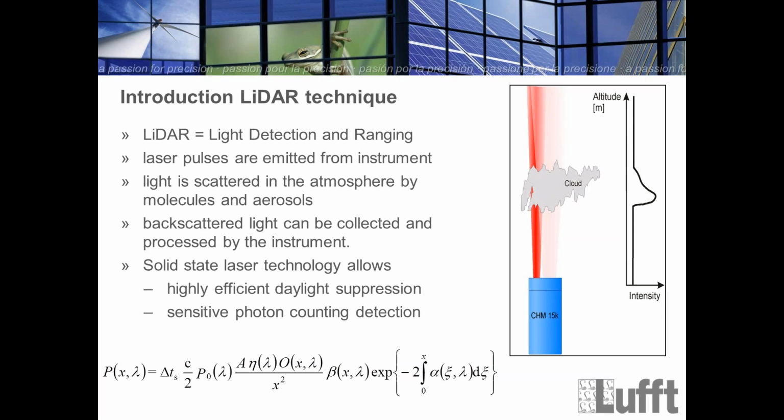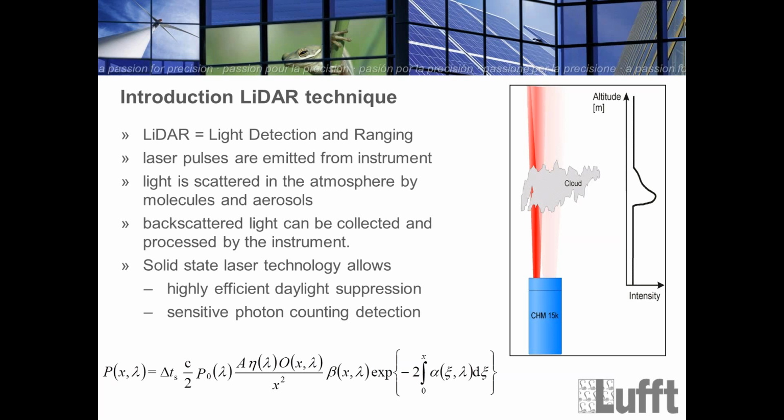It's measured by a detector. So for this backscattered light, of course, you always have daylight. So one important thing is how efficiently the daylight can be suppressed.